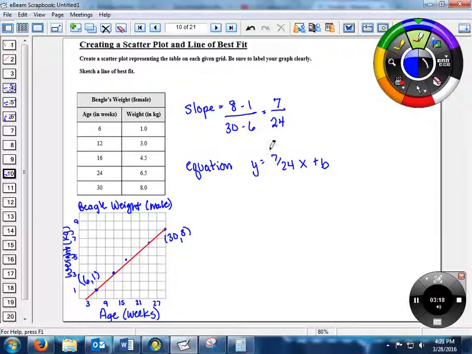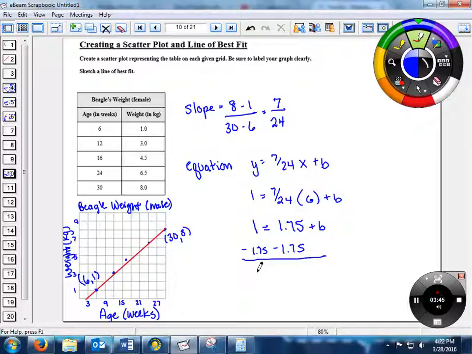Okay, so now I need to take a coordinate. I'm going to take the 6 and the 1, since that was on my line, and plug that in. So that's 1 equals 7/24 times 6 plus b. That will give me 1 equals 1.75, or 1 3/4, plus b. I can now subtract 1.75 from both sides to get b by itself.